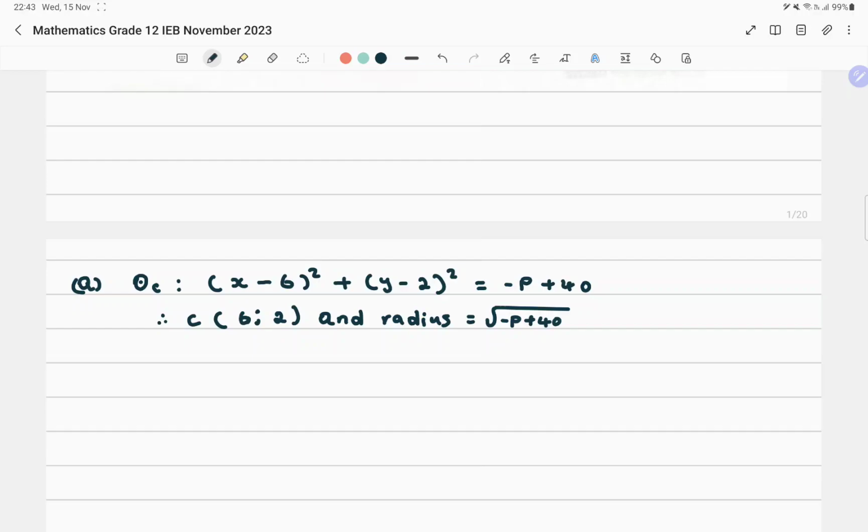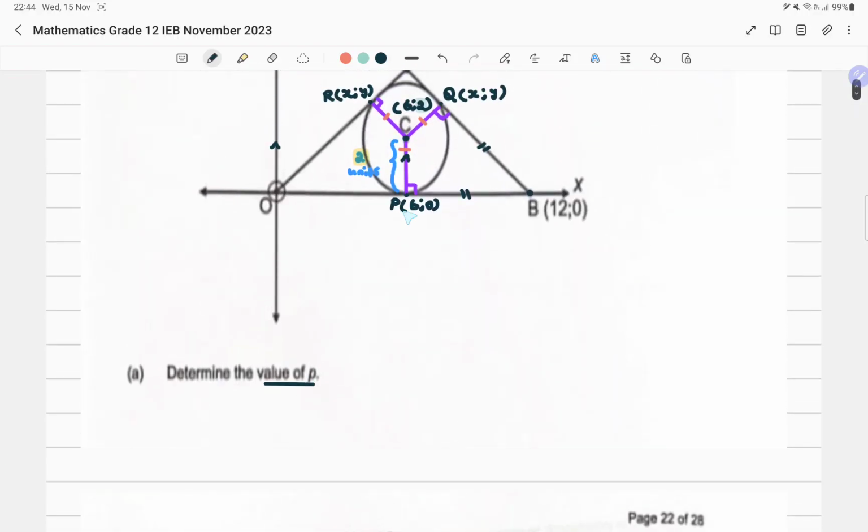Now, what do we need to say now? We can say since OB is a tangent to circle C on the x-axis, let's call it that this is at point P, because you will have chosen to write point P there.